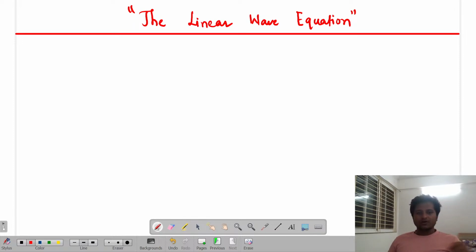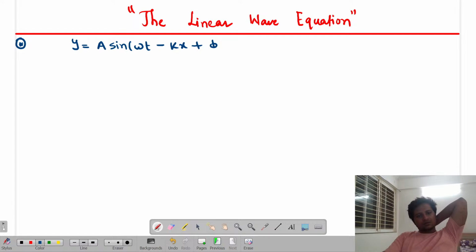Means whatever we have understood, displacement, velocity, and acceleration, that displacement, velocity, acceleration must also follow some kind of equation of a wave. So we will write that. We know that y is given as A sine, conventional, we are following omega t minus kx plus phi. This is my conventional equation.